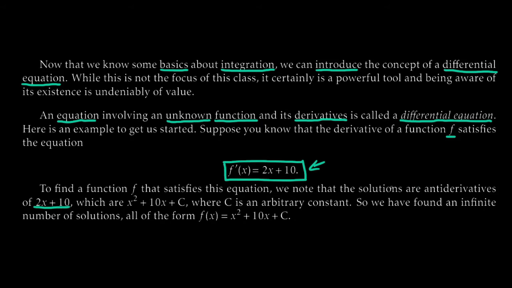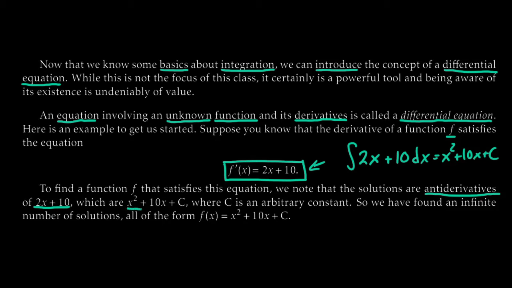That is, the functions that satisfy this, all of the solutions, they're antiderivatives. As we know, we can take an antiderivative by doing an indefinite integral. So we take the indefinite integral of 2x plus 10 dx, and just through a quick application of the power rule, we get x squared plus 10x plus c, where c is some constant, could be whatever you want.